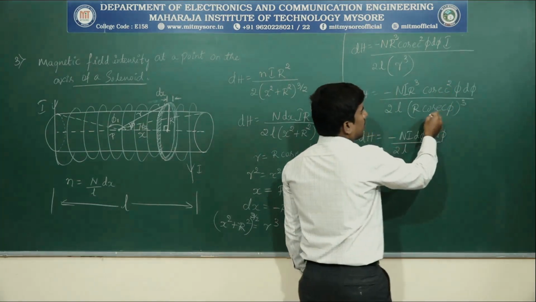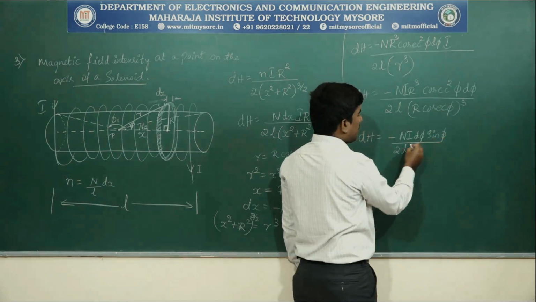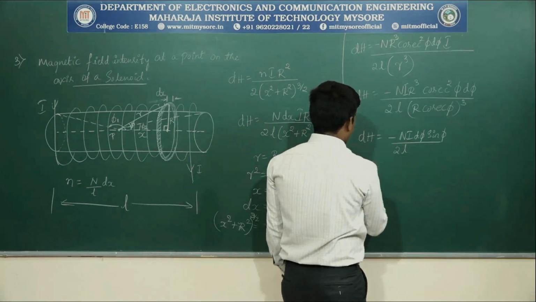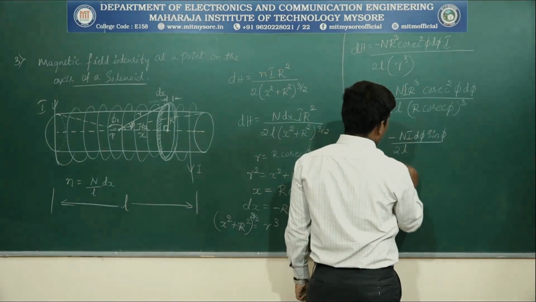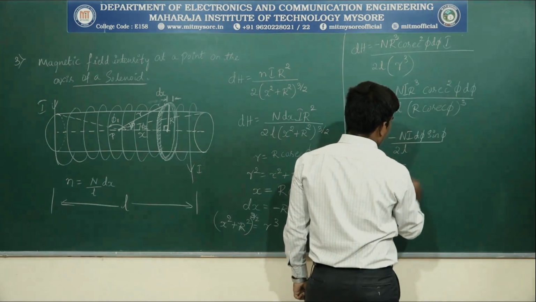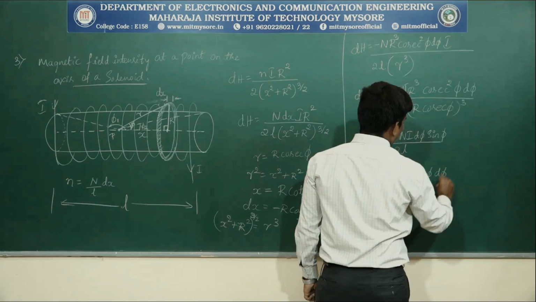We are left with 1 by cosecant phi, which is sin phi. So we are left with this quantity. Then dh is equal to minus n into I divided by 2l into sin phi into d phi.